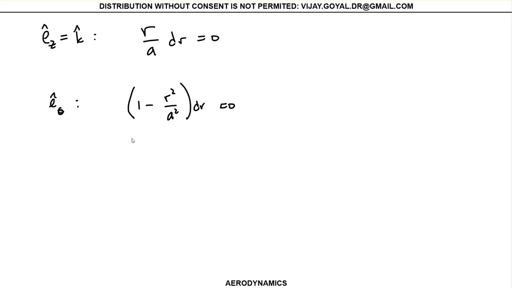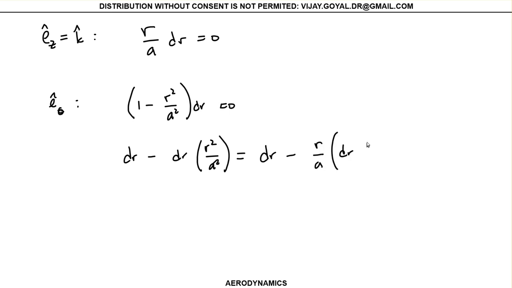It says 1 minus r squared over a squared, times dr, has to be 0. But then if I expand this, I can find dr minus dr r squared over a squared. Now if I just manipulate mathematically, this is dr minus r over a dr r over a.